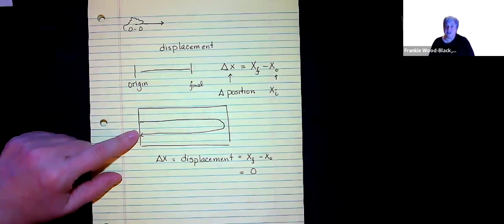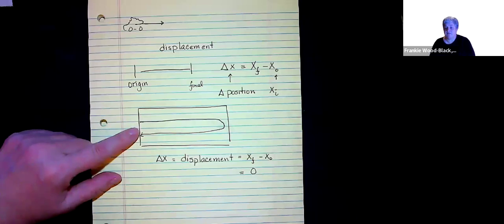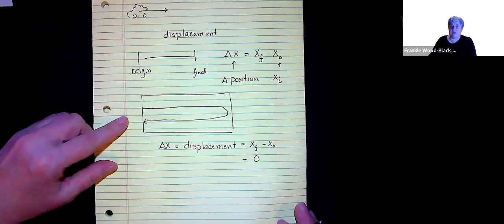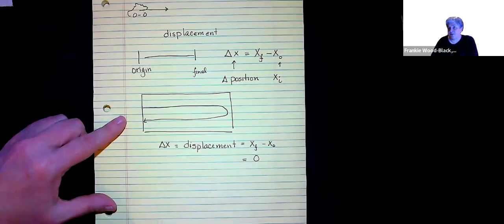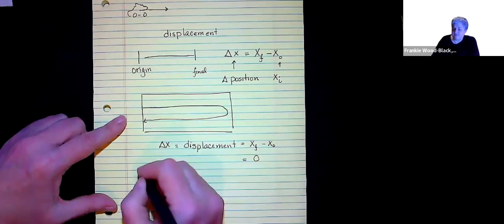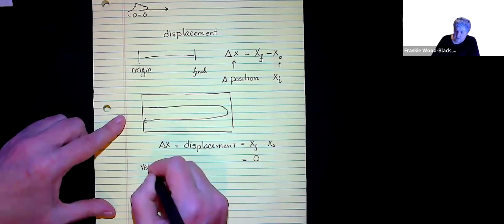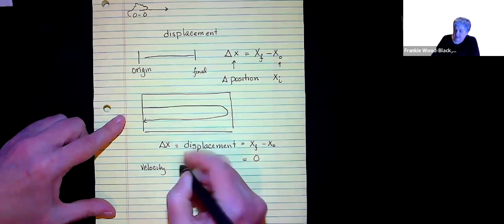Now, the interesting thing here, if I've got my swimmer, is that I'm now going to have a difference between velocity and speed.